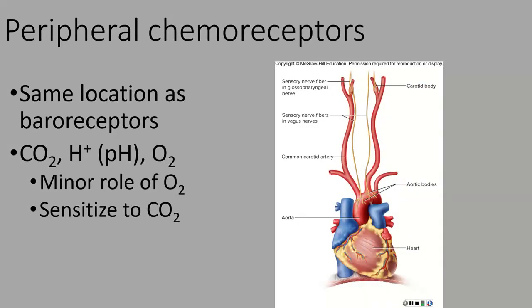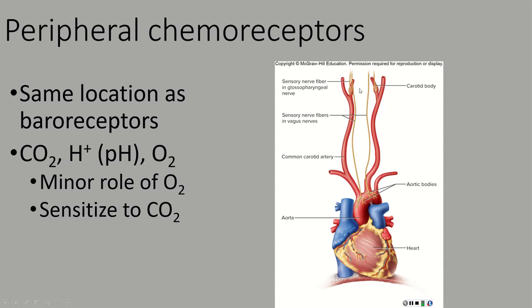Now there's another set of chemoreceptors called the peripheral chemoreceptors. And this is what I said we've kind of talked about already. This is a very similar diagram to what we saw on the first day that we talked about blood vessels. And the central chemoreceptors, they were in the brainstem at the medulla. But the peripheral chemoreceptors are in the exact same spot as the baroreceptors that we talked about.